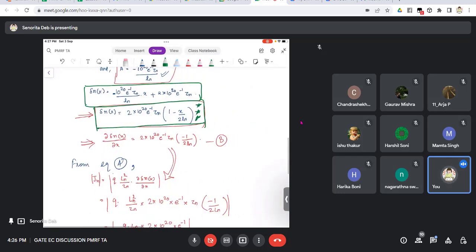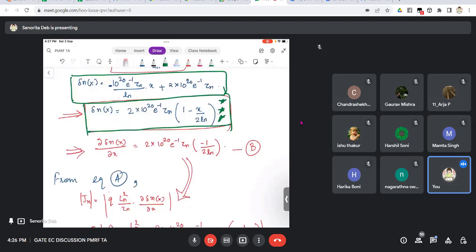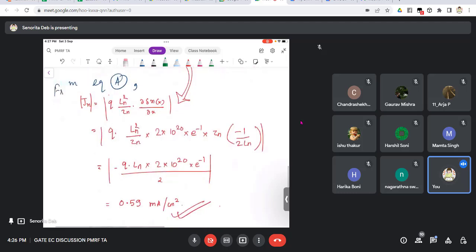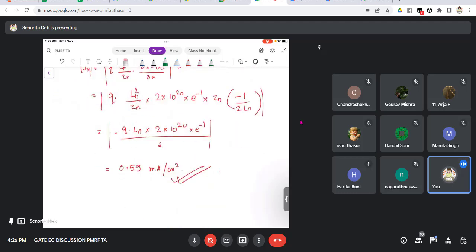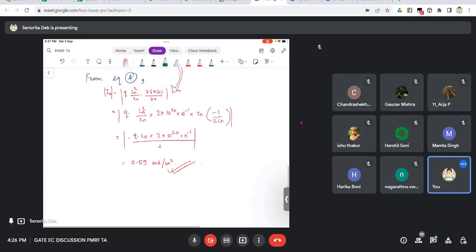So after that we will just differentiate it once and we come to this equation which is b, and from equation a and b we will find the answer as 0.59 milliampere per centimeter square. Okay. So just have a look at it and then we will start.